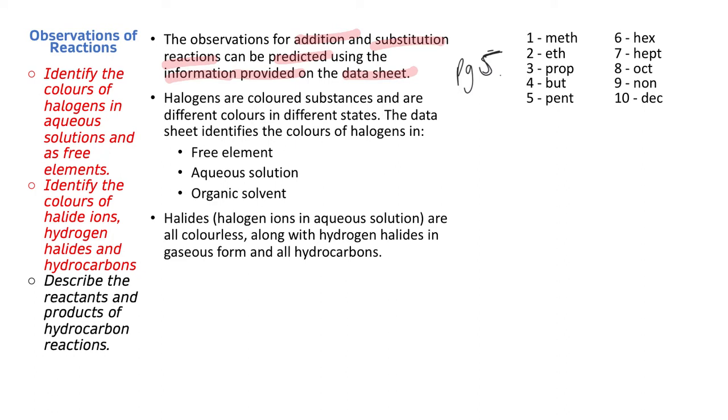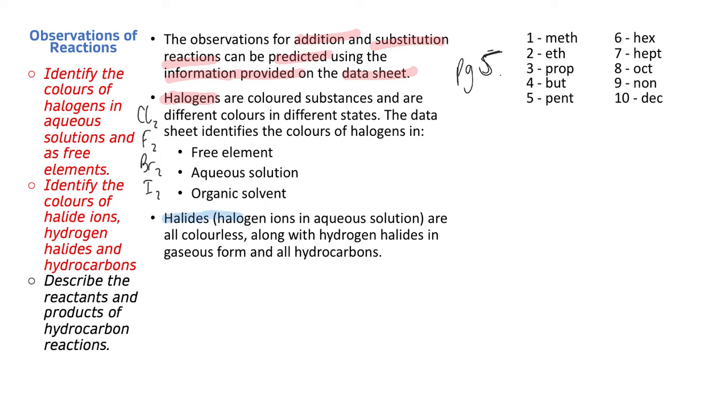So halogens, not hydrohalides. That is things like Cl2, F2, Br2, and I2. Those are halogens, not halides.